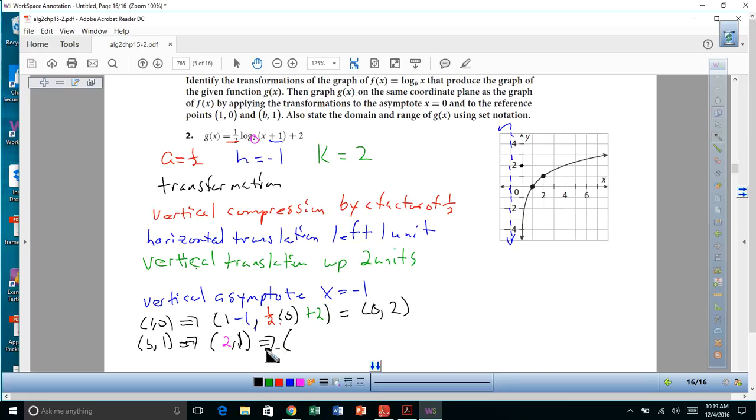So now we're cooking. We got 2 minus 1, and then we have 1/2 times 1, and then plus 2.